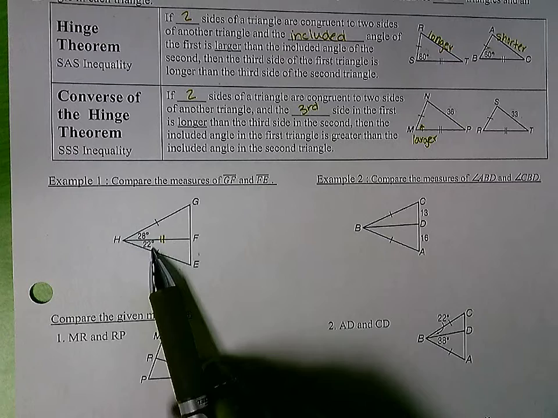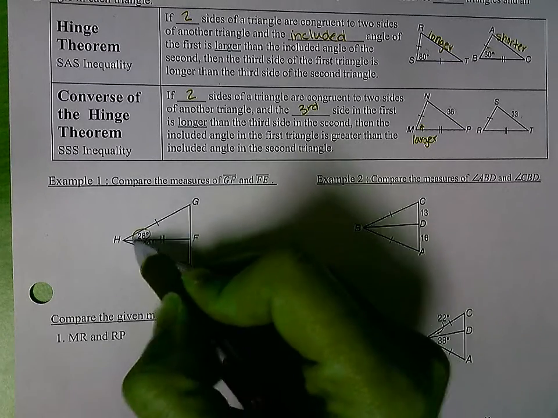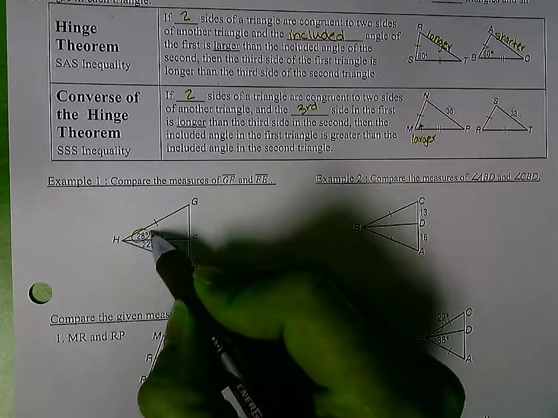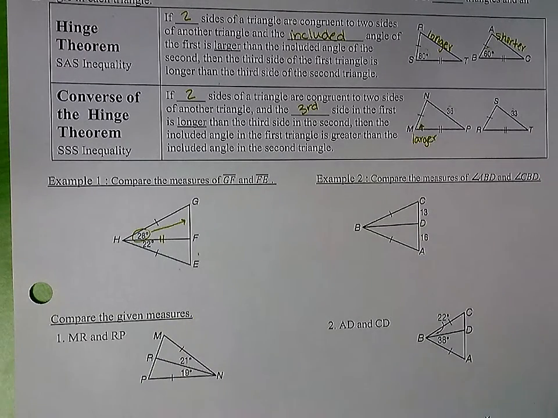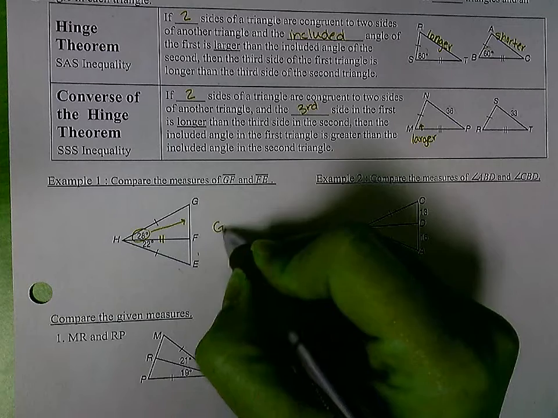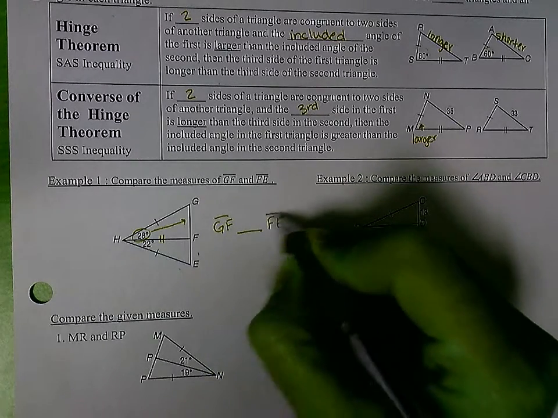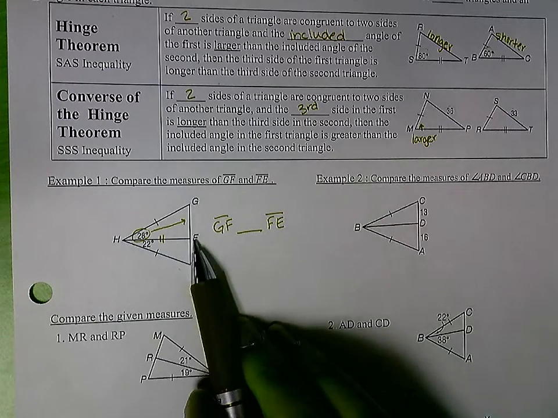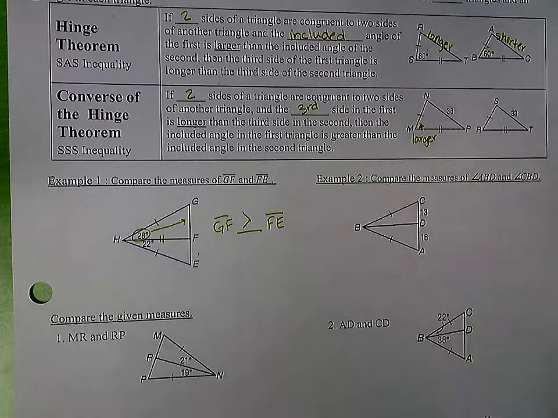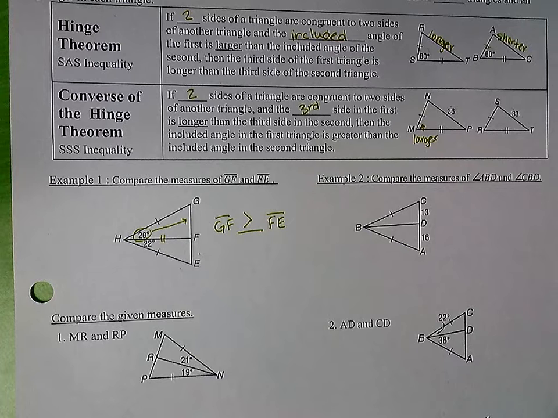So my angles here are 28 degrees and 22 degrees. Since 28 degrees is greater, that means that side opposite has to be greater. So I have side GF compared to FE, and side GF has to be the greater side. So I can write my greater than symbol there.